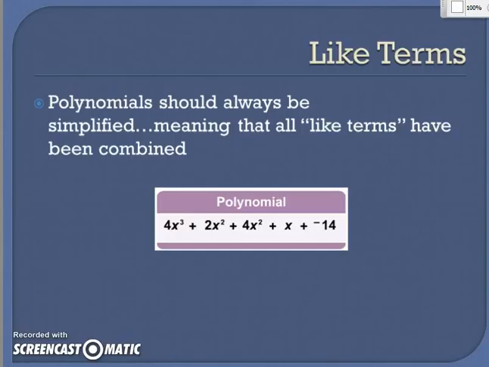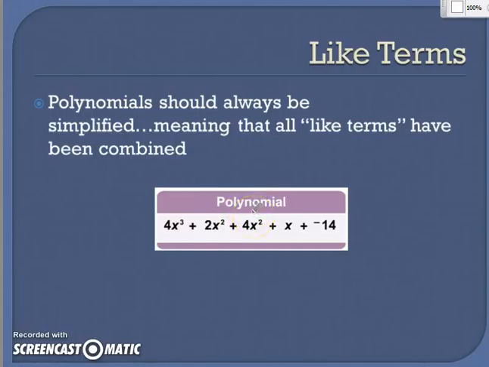So looking at the example here, I have 4x cubed plus 2x squared plus 4x squared plus x and plus a minus 14. There's actually two of them that match, that have the exact same variable and exact same exponent. And that's this 2x squared and this 4x squared.